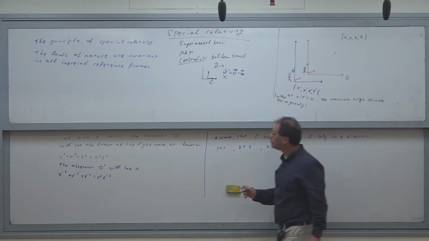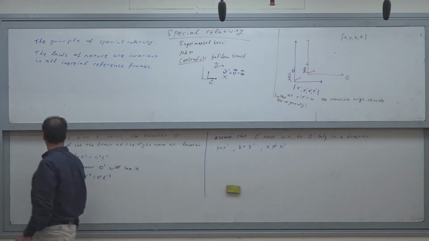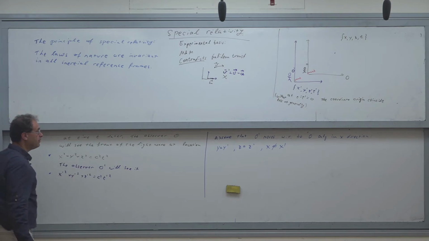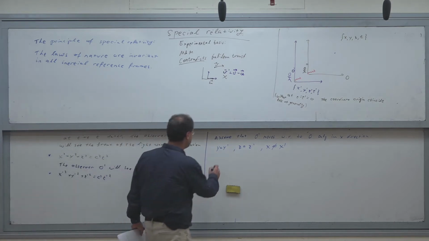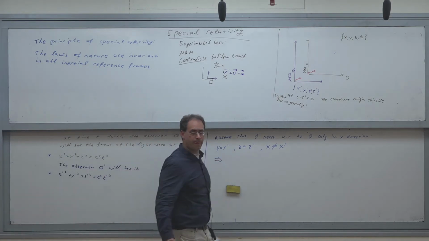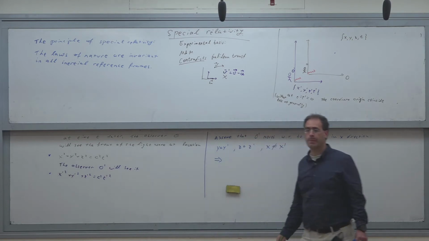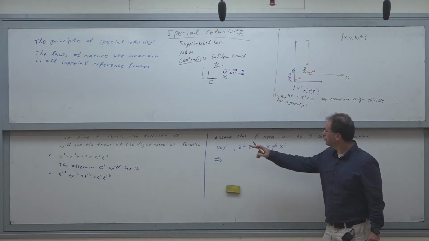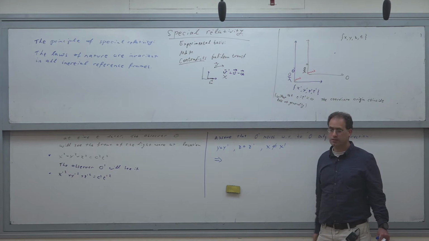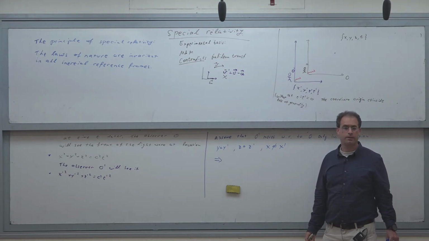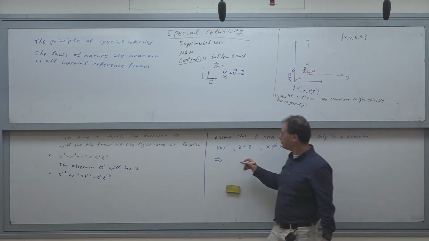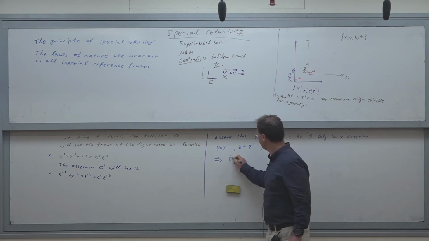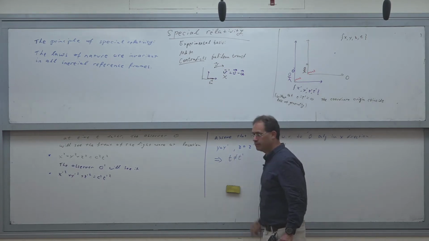So from these two equations, we get immediately the what? What can you say when we look at these two equations? That t is not equal to t prime, exactly. So t must be different than t prime.